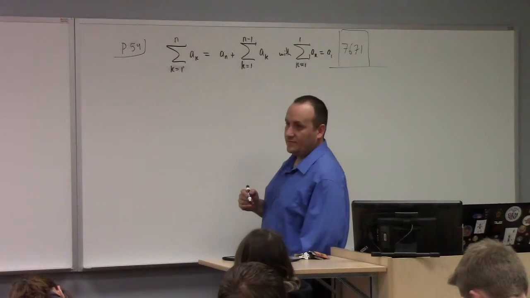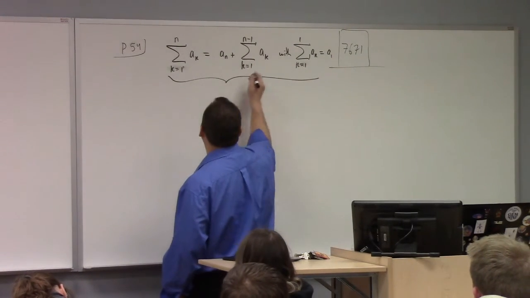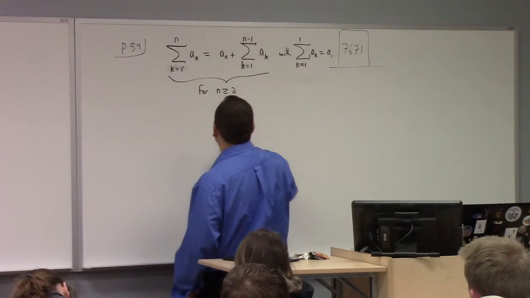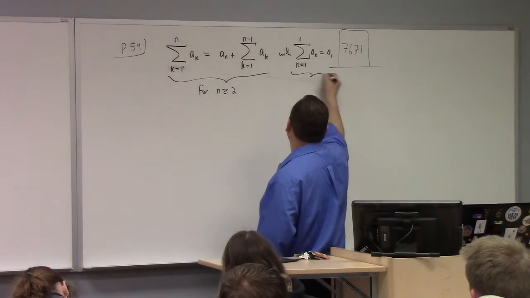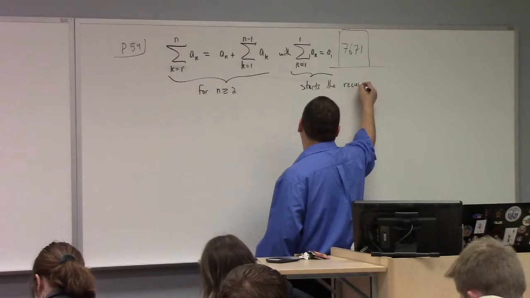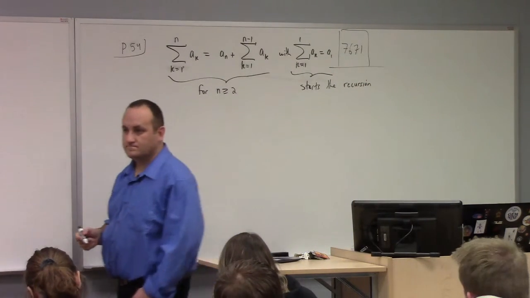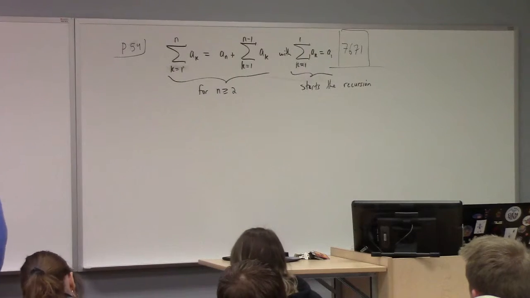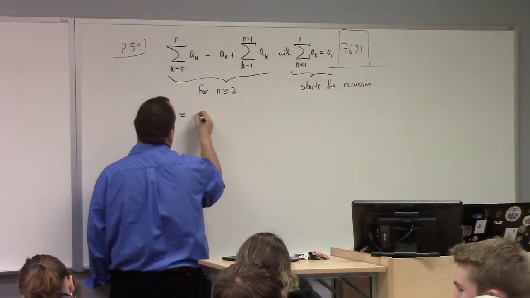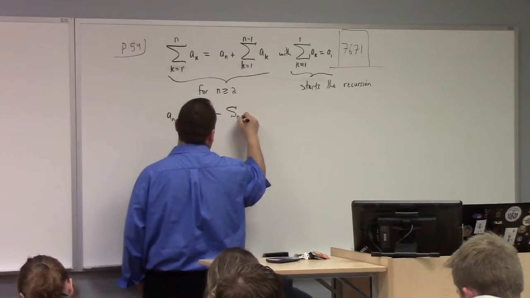A sub 1. This is for n greater than or equal to 2, and this starts the recursion. The point here was just that a sub n is equal to Sn minus Sn minus 1.